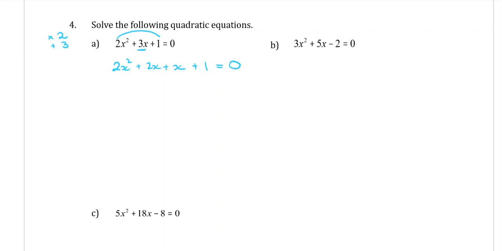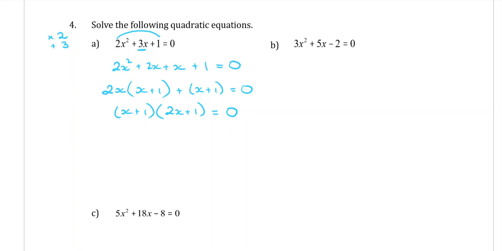Now I'm going to factorise in pairs. So the first two terms, I bring out a 2 and an x to give x plus 1. The third and fourth term is already an x plus 1, but I put brackets around it so that I can see that that is my common factor. The x plus 1 will come out the front, and 2x plus 1 will go into the second bracket on its own.